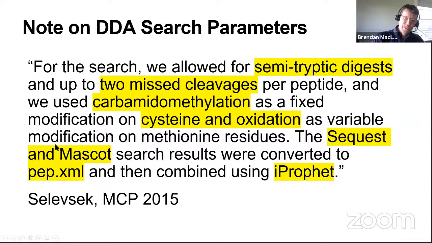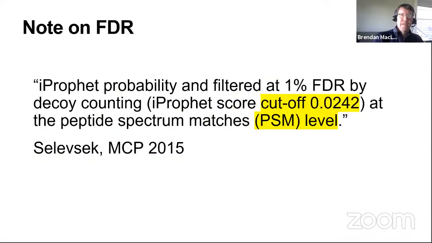Then it is useful to know that they did the search with both Sequest and Mascot, and then used the tool iProphet to produce a pepXML that had the results of both. And then I found this pretty questionable. They used a tool to calculate at what iProphet probability they would have 1% FDR, and they felt that the iProphet probability would be 0.02.